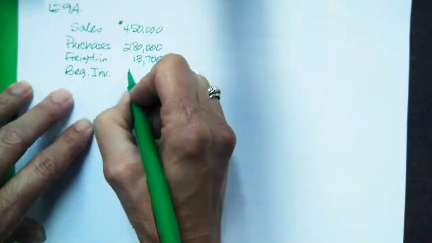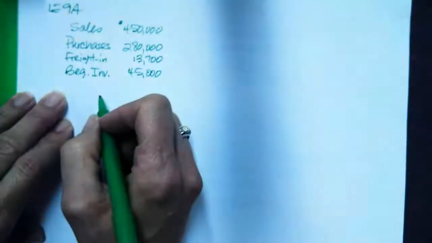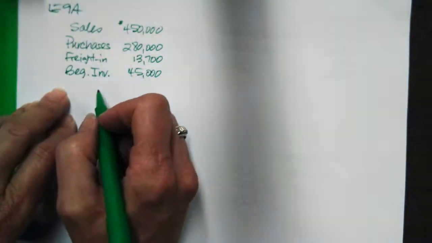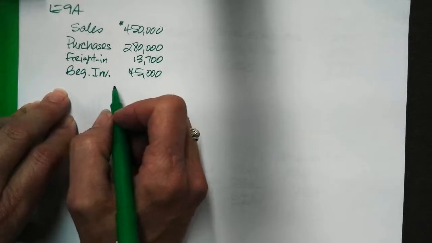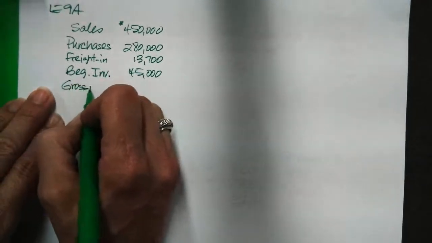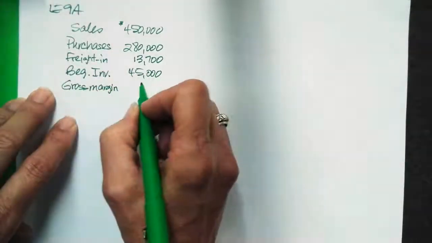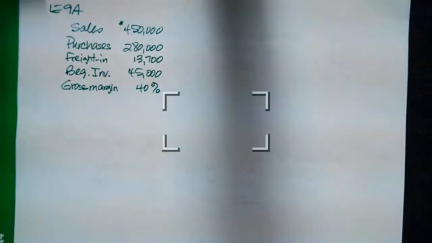Beginning inventory of $45,000. Then he tells us that the company has always priced their goods to achieve a gross margin of 40%. So gross margin 40%. Okay?